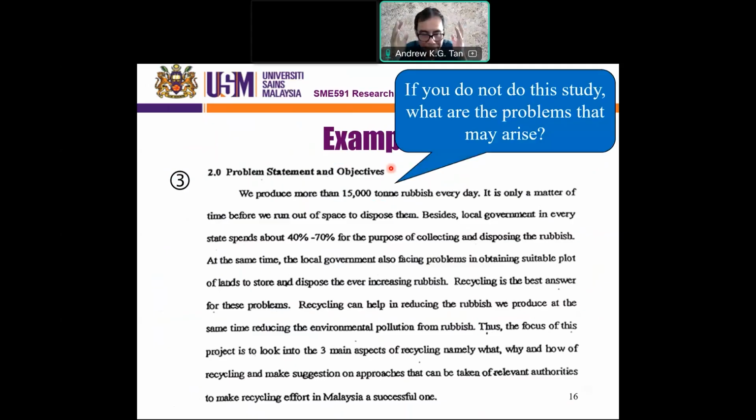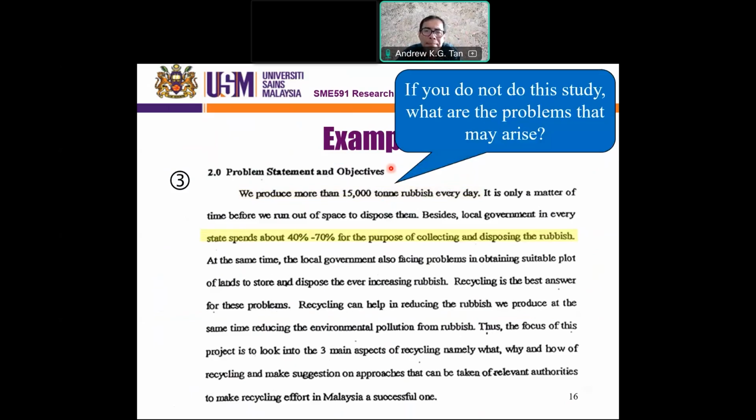Number 2, let me ask this question in all problem statements, right? If you do not do this study, what are the problems that may arise? But once you look at this problem statement, you look at the statistics that are given. We produce more than 15,000 tons of rubbish every day. It is a matter of time before we run out of rubbish. Then every state spends about 40 to 70% for the purpose of collecting and disposing the rubbish.